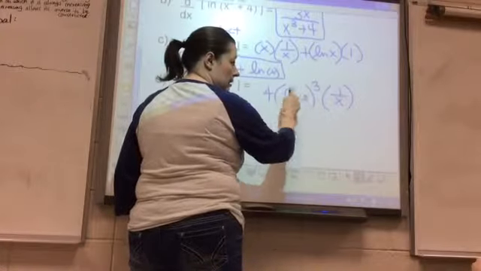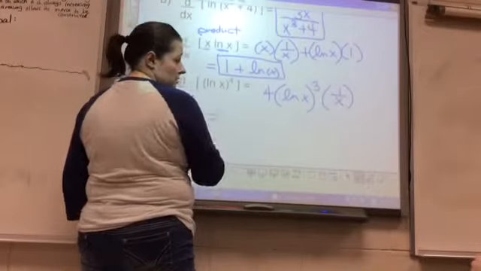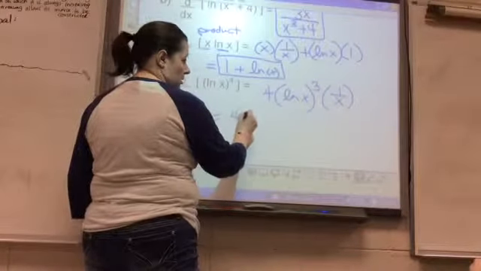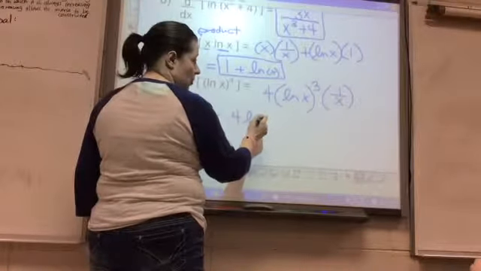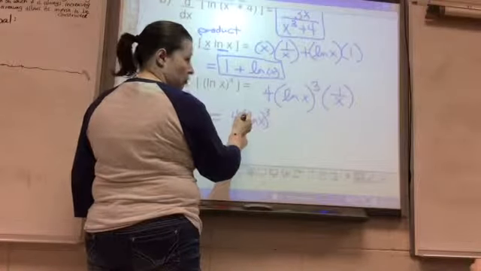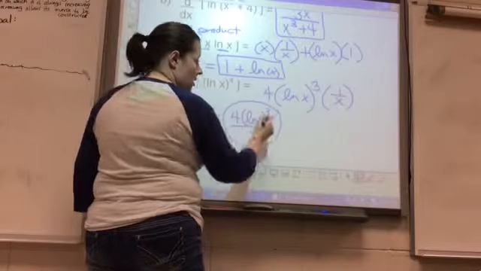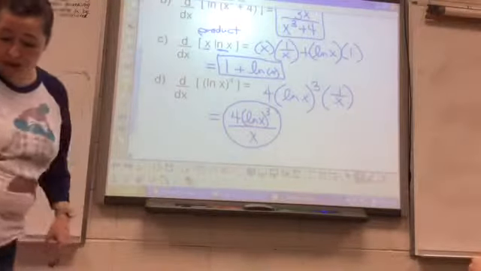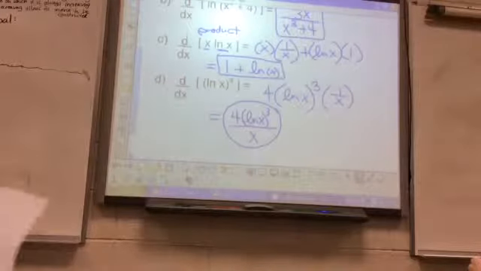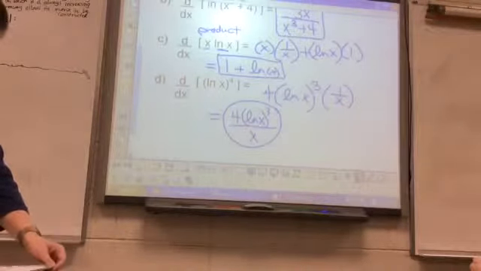The derivative of the inside is ln of x, so that's that. So really, 4 over x, 4 ln of x cubed. Really, the 4's not cubed. Oh, we can put it all over x. That's about all we can do with that. The 4 wasn't cubed, just the ln of x.